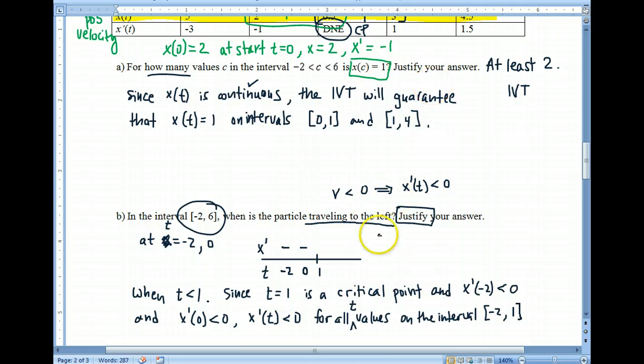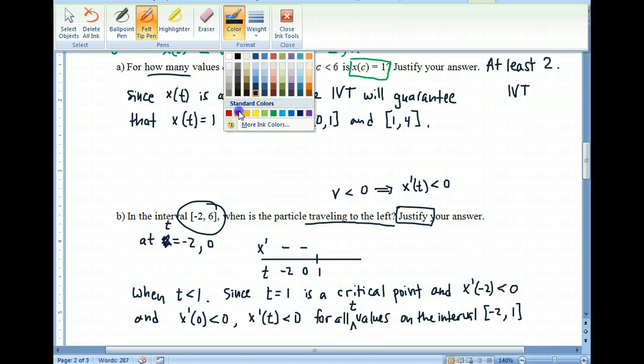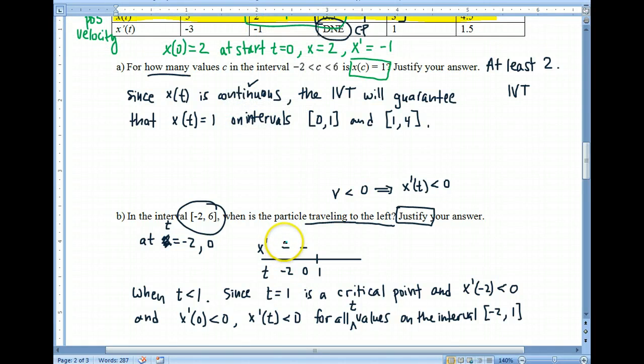But what we're trying to say is that it's going to be negative all the way from negative 2, not just to 0, but where? Up to 1, not including, because I don't know what's happening at 1. It's undefined. Does that make sense? So it's all the way from negative 2 up to 1.